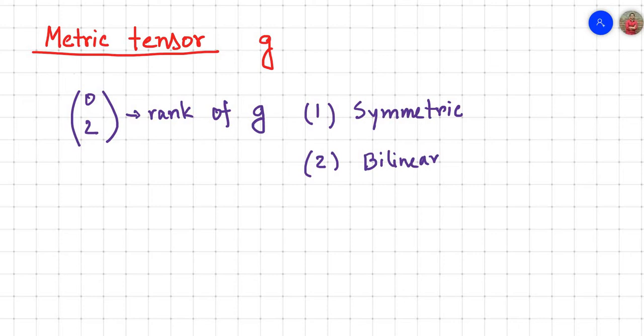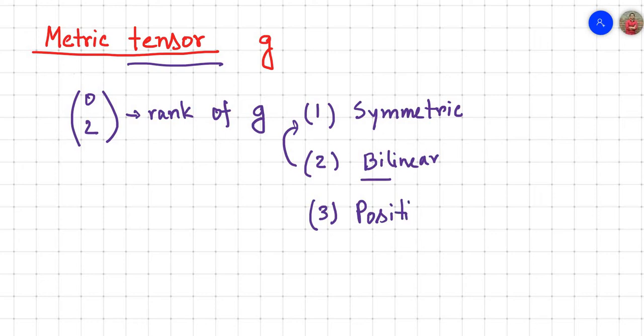So everything that is related to tensor is linear. The fact that it is bilinear has something to do with the symmetry and from just the definition of the tensor.